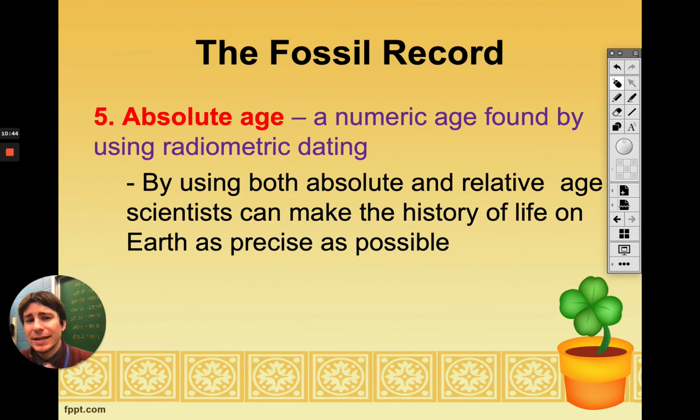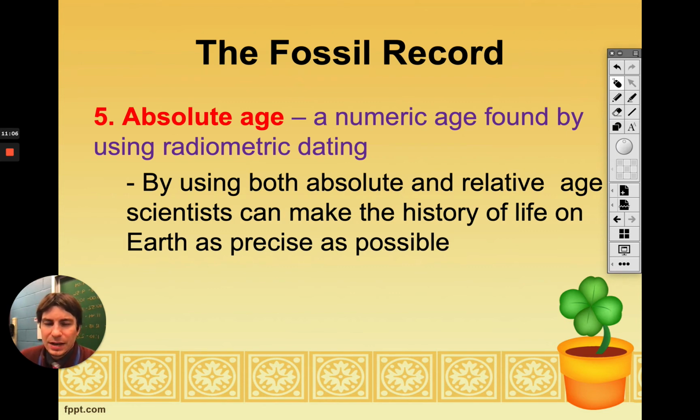Instead, for the absolute age, we are going to use radioactive isotopes, or just even regular isotopes, that are surrounding the fossil, surrounding the rock, and we're going to test them to see how old they are. When we test those rocks or even those fossils, we can determine how many years ago it is.